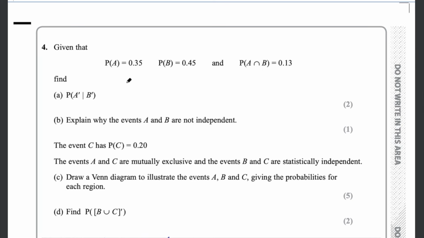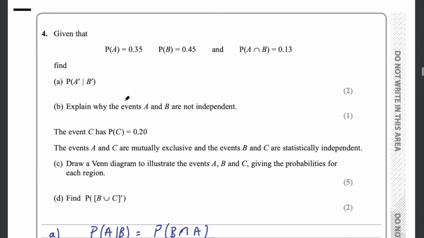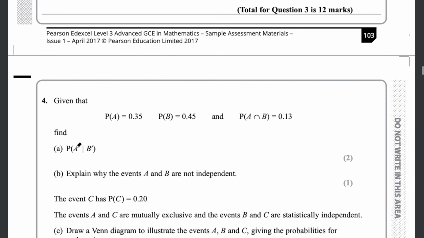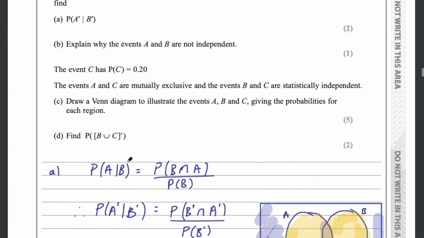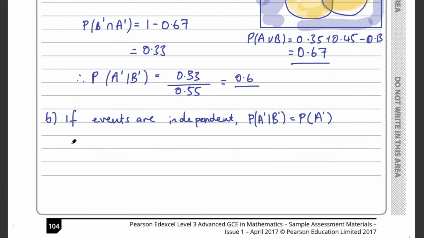Okay, so I'm going to choose the idea that the probability of A complement given B complement happened should be the same as the probability of A complement. So the probability of A complement given B complement happened equals 0.6.